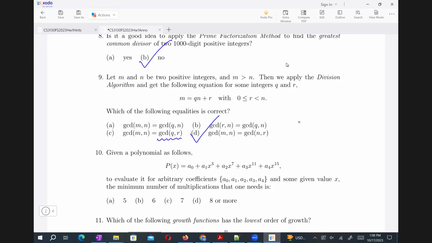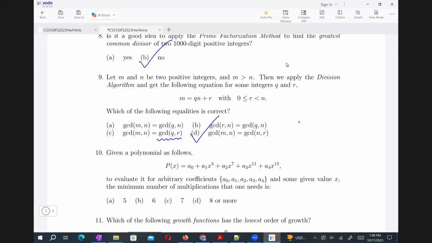So easy. Q, that's the quotient. And in our formula transformation, besides reduction, there is nothing to do with the quotient.